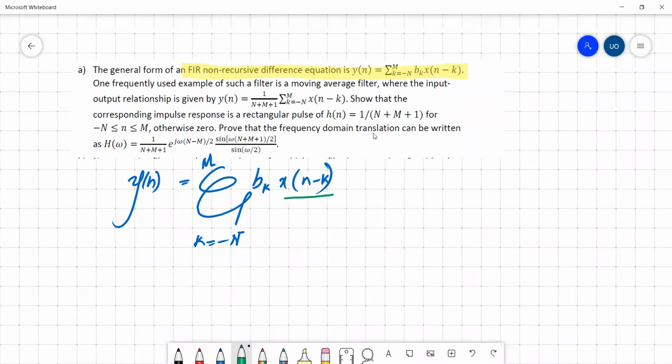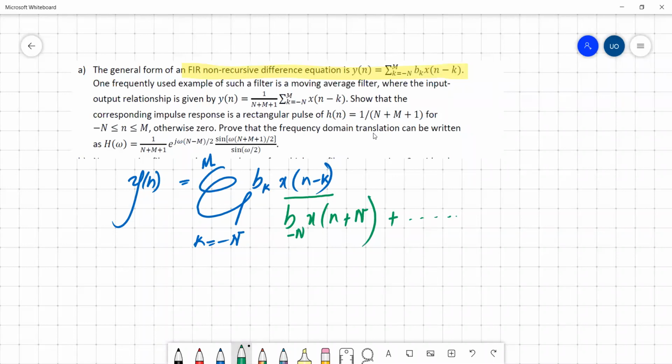If you expand this, it's b minus n x n plus capital N, and so on.